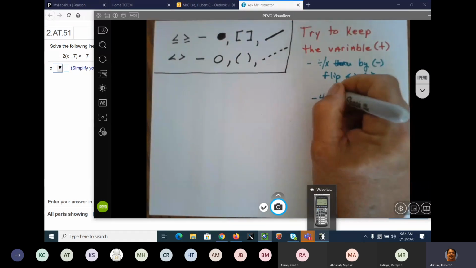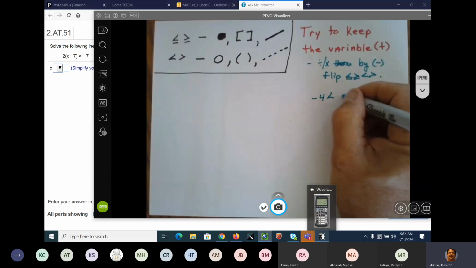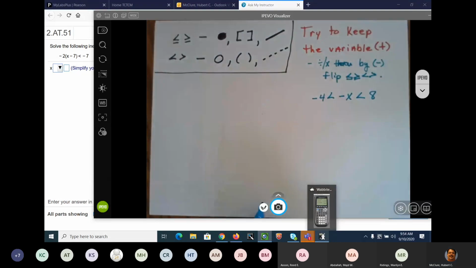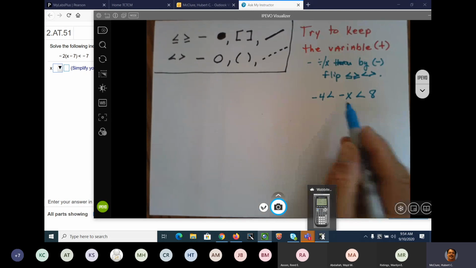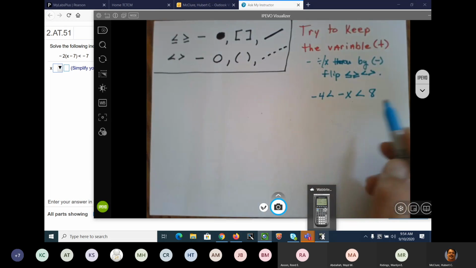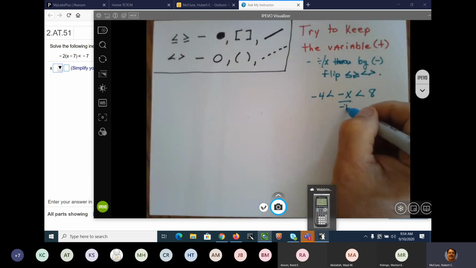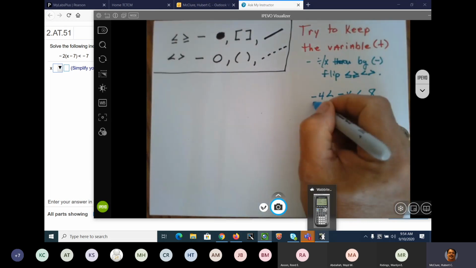And I'll show you, here's an example of when you have to do it. -4 less than -x less than 8. That is an example of when you have to use this rule. That's why I put it in blue. Divide by -1, divide by -1, divide by -1.